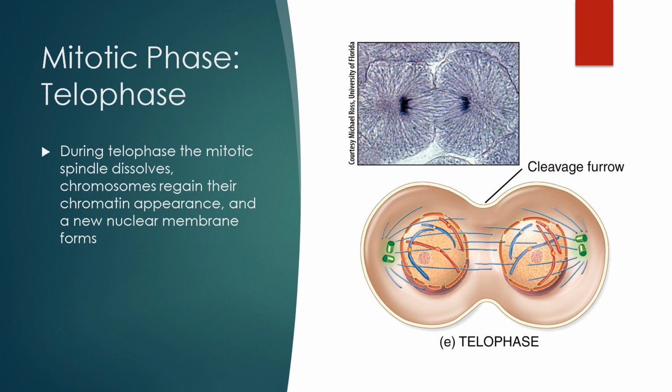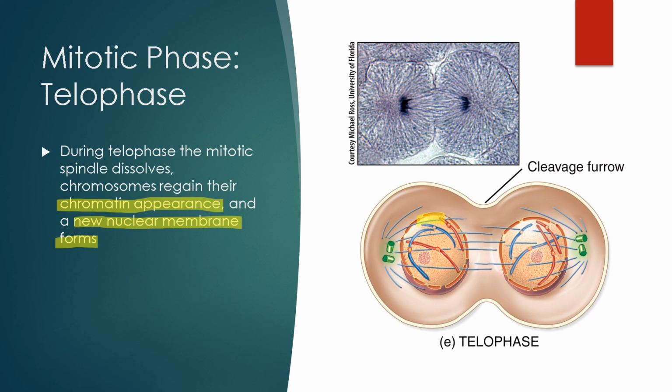Now the final stage of mitosis, which is telophase, begins after chromosomal movement has stopped. The chromosomes are now in their respective poles, and they're going to uncoil and revert back to that thread-like chromatin form. So they're going to regain their chromatin appearance. We're also going to see a new nuclear envelope, or a new nuclear membrane, form on either side.